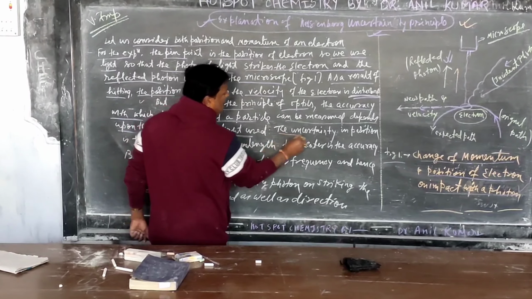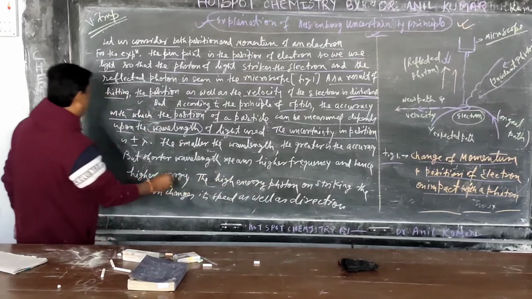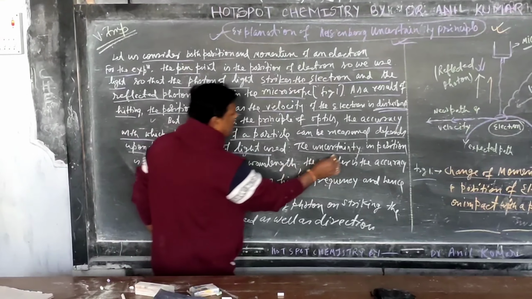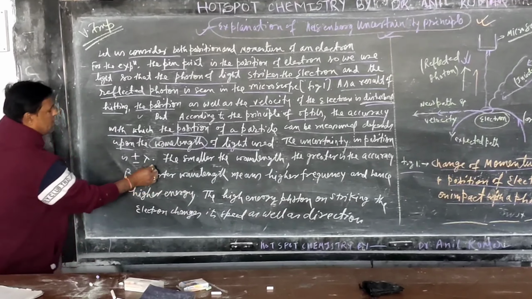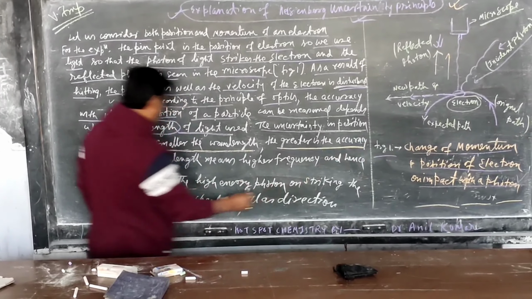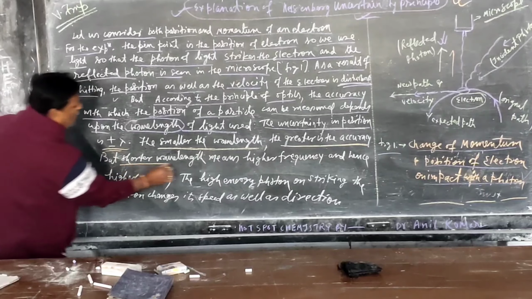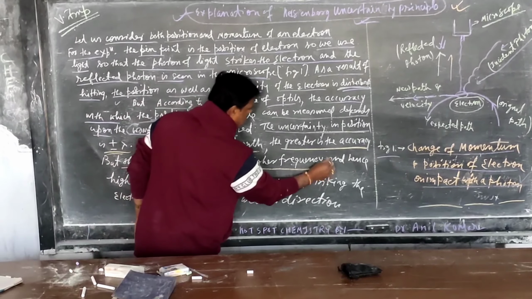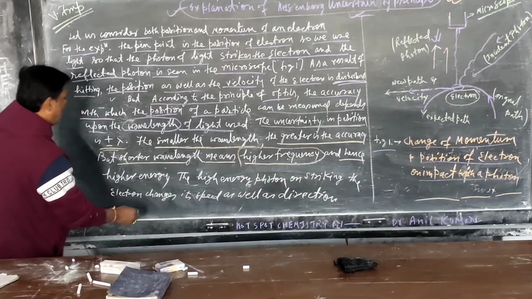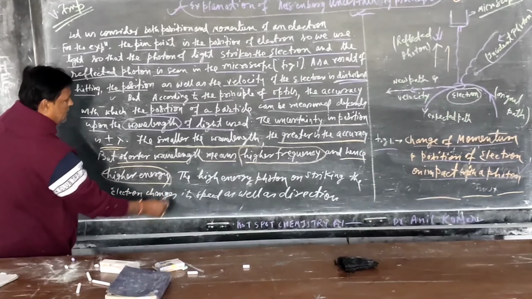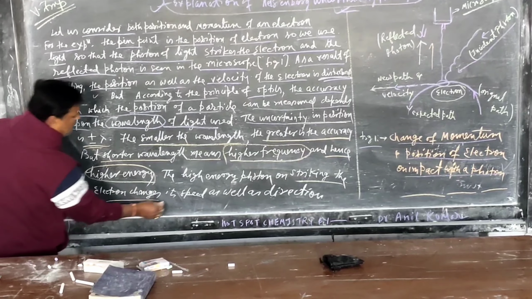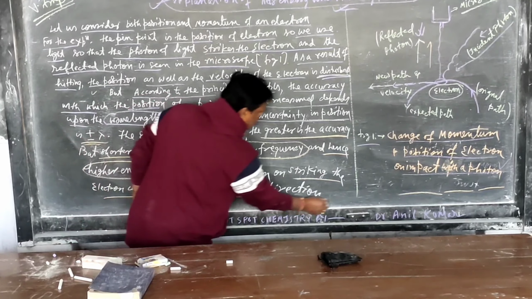That is, the uncertainty in position is plus minus lambda. The smaller the wavelength, the greater is the accuracy, but shorter wavelength means higher frequency and hence higher energy. The high energy photon on striking the electron changes its speed as well as its direction.